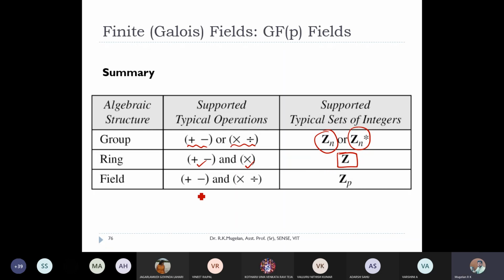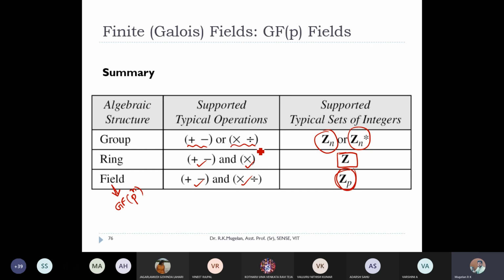Whereas with a field, we implement it as a Galois field with p power n. So it will always use your prime number set p, and the modulus will also be a prime number. And here you can use both addition as well as multiplication, right?